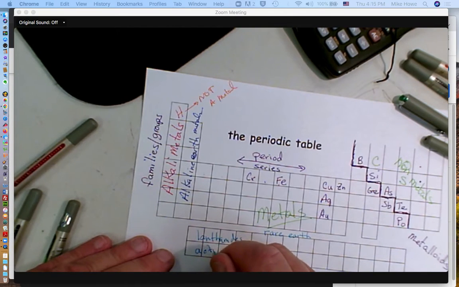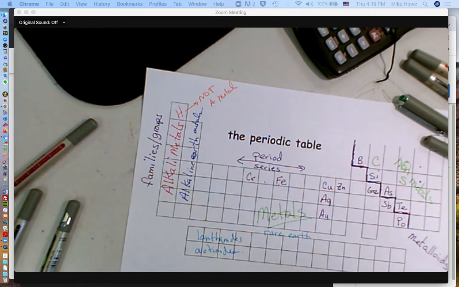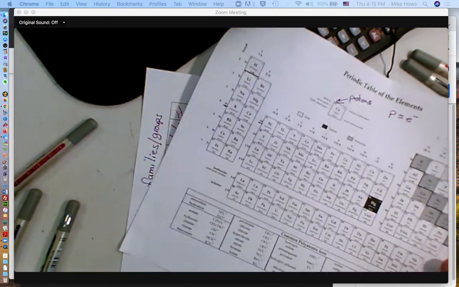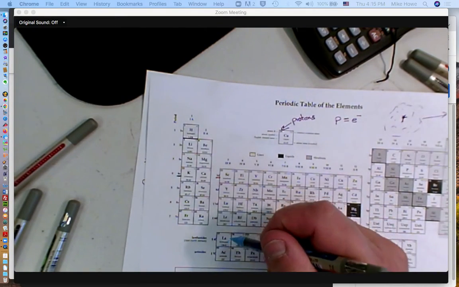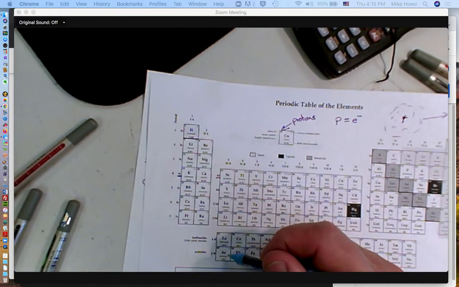Lanthanides and actinides. They're called lanthanide and actinide because if you look at our normal periodic table, it looks like this. Notice the first element in this row is lanthanum, and the second element is actinium.